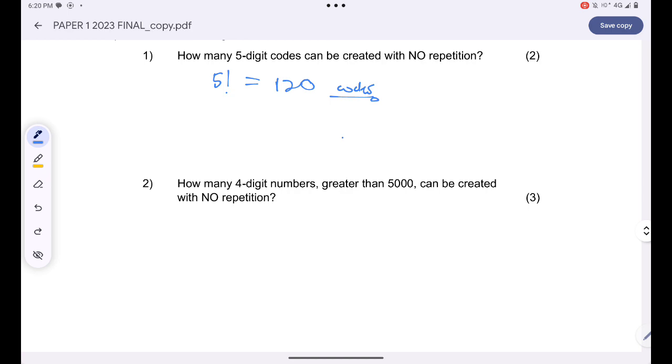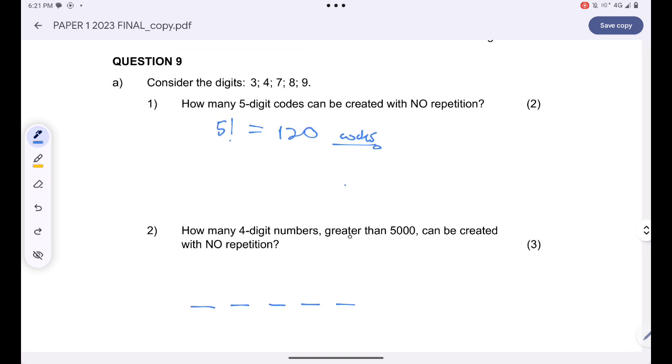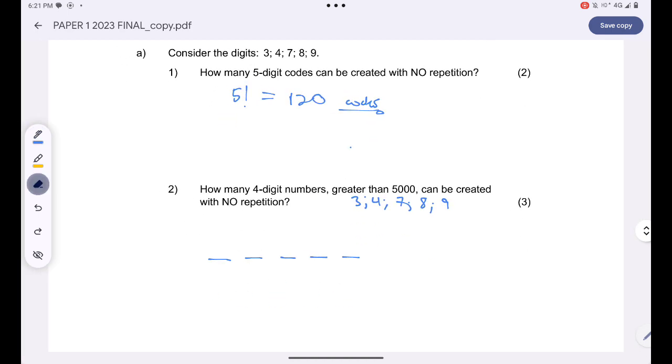Then we are asked how many 4-digit numbers greater than 5,000 can be created with no repetition. I must choose from the numbers 3, 4, 7, 8, and 9, and I must have a 4-digit number.